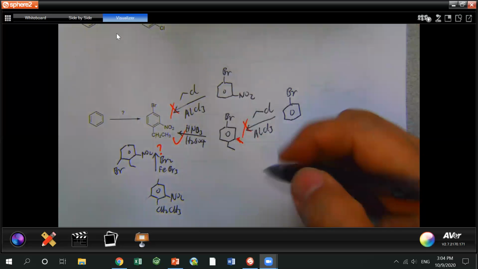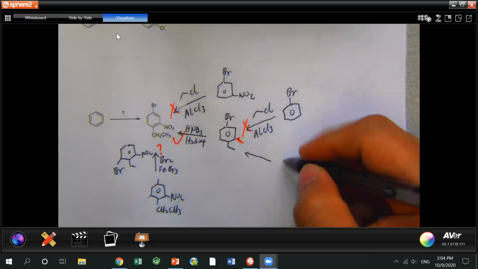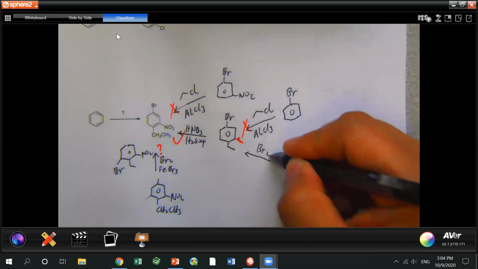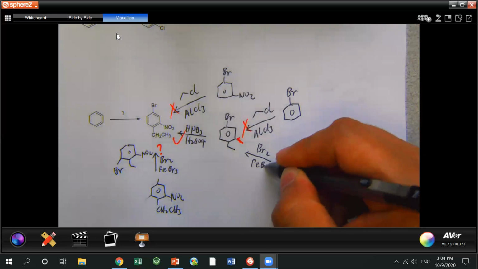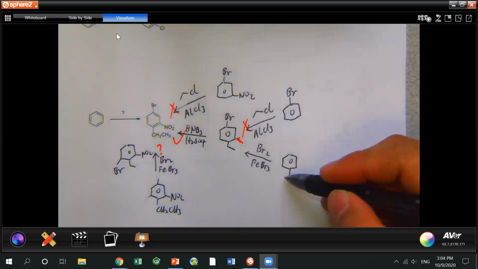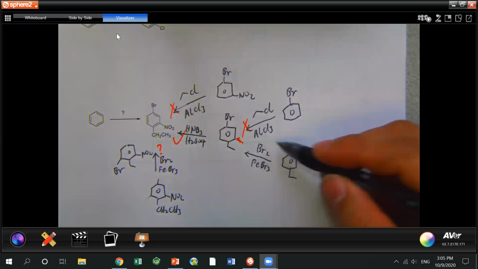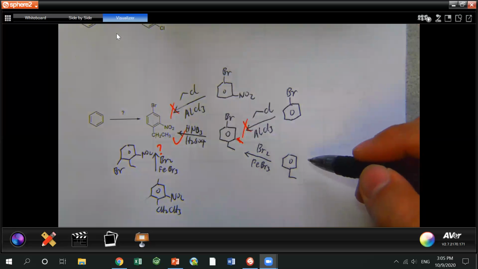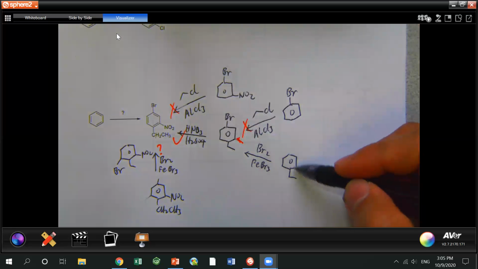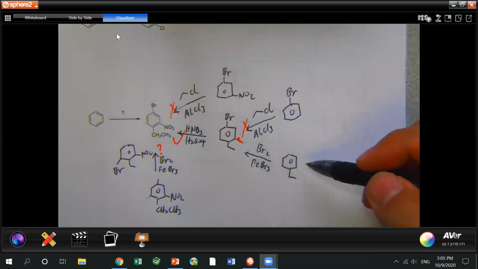So how about we have the ethyl group on first, and then put the bromine on. The ethyl group is an ortho/para director, no problem, so you can put bromine onto the para position. Another good thing is that normally this one should work.